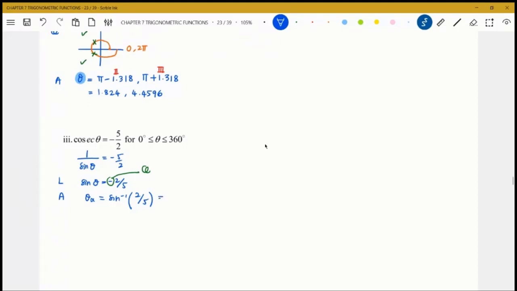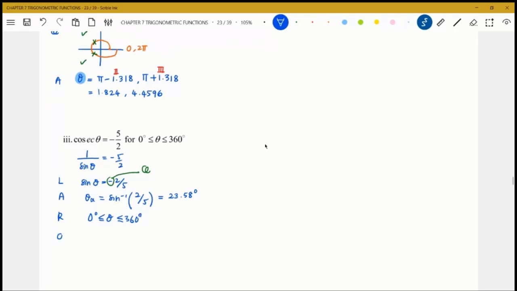So your acute angle must be in degree form. So kalau kita tukar kepada degree mode, kita akan dapat theta alpha adalah 23.58 degree. Okay, so the range, kita pakai saja range yang diberi sebab tiada perubahan pada theta.